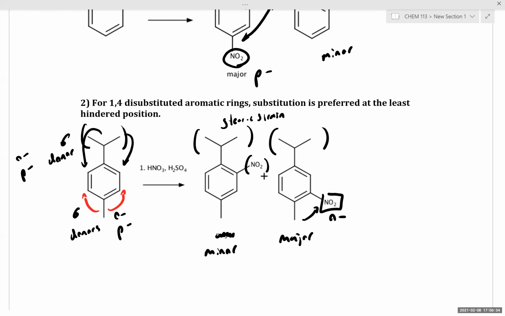In cases where you have equal directing effects, the least hindered product will generally be preferred. Any other questions on this example?